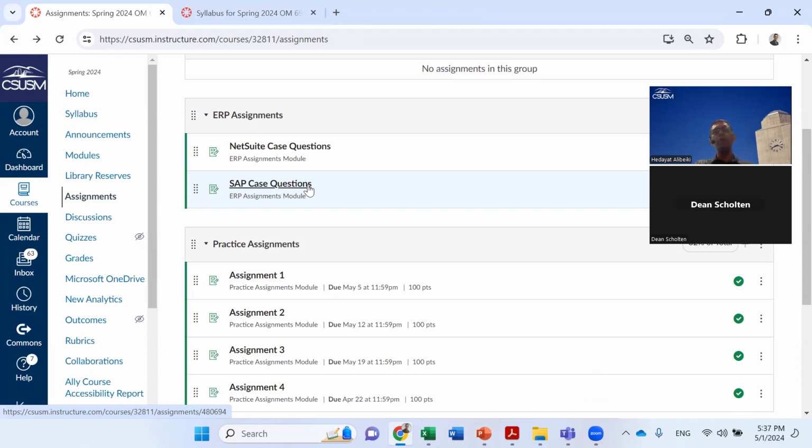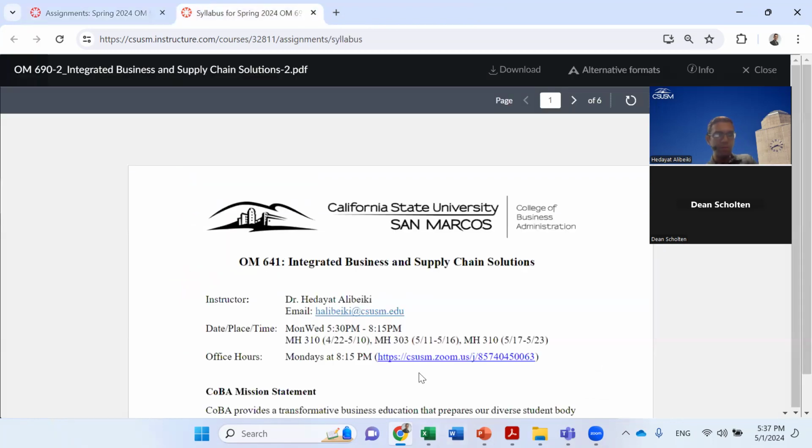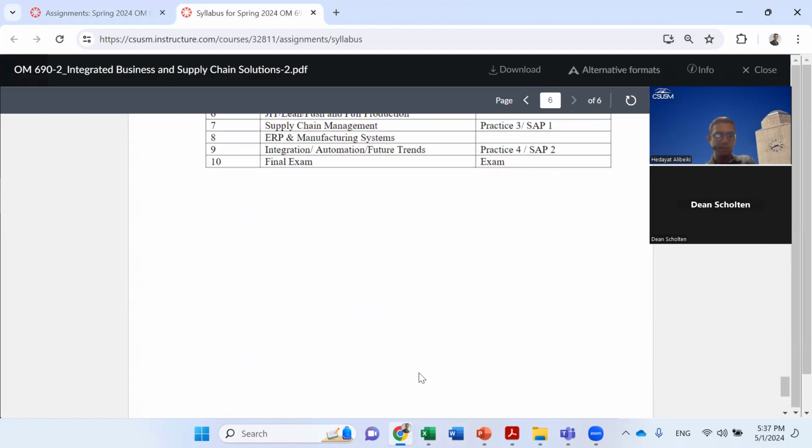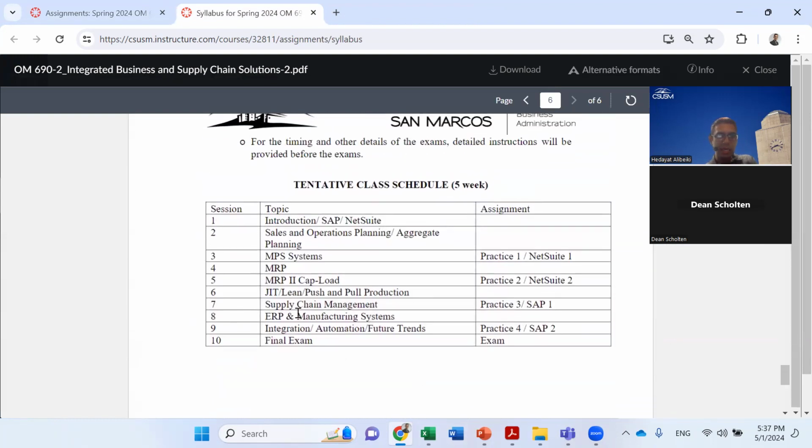For the other chapter, if I go back and take a look at our schedule, we are going to cover up to this point, and then we have just in time, lean, push, pull production. So these are 2 chapters of the Benton book that we're covering, supply chain management.